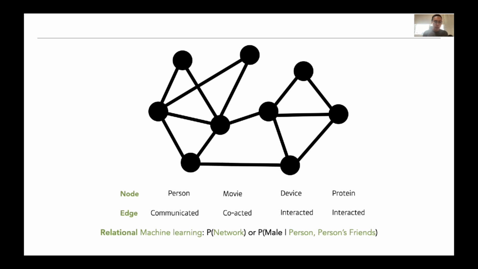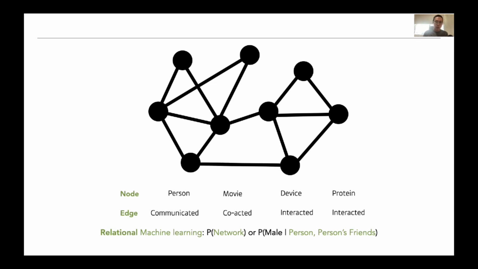So not just looking at the person's attributes or features, we also look at the person's friends. We see how often they communicate with other people, and we can see their features.